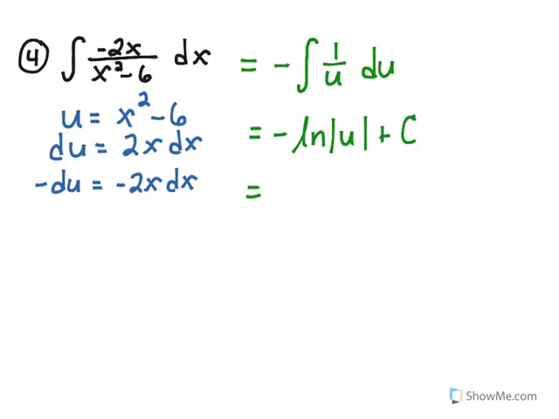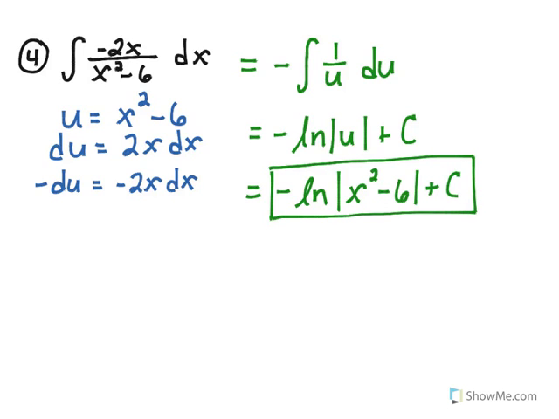And then we replace the u with the x squared minus 6 to get negative natural log absolute value of x squared minus 6 plus c. And once again, I could go through and bring that negative sign in as an exponent of negative 1, but we're not going to be condensing these expressions at all.